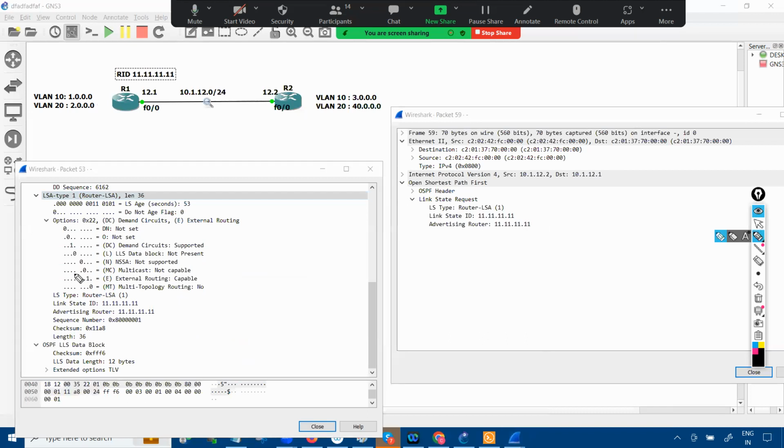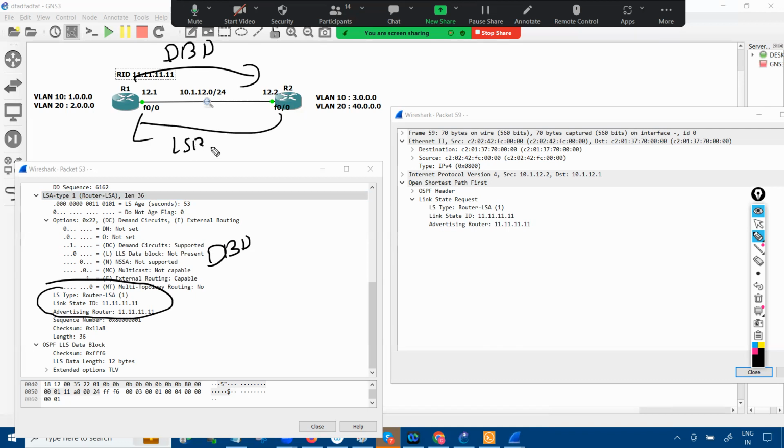This is the DBD packet I have sent, router 1's DBD packet. Hey, I have this information. I'm not sharing the info, I'm just saying that I have this information. What R2 is saying is, hey, give it to me. This information. Who is sending? Router number 2 is sending.